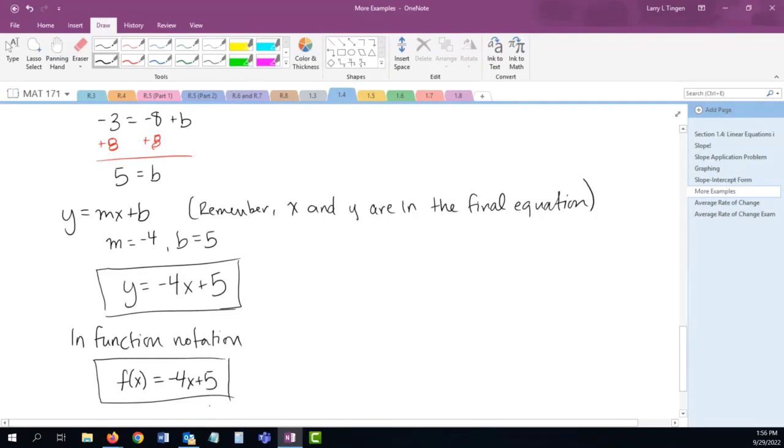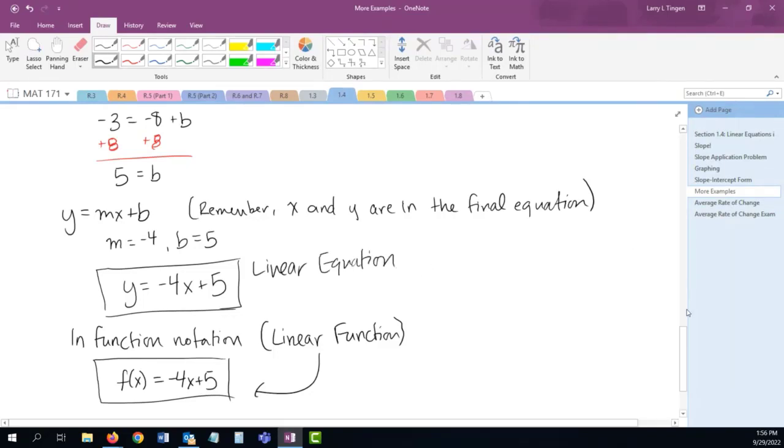So just to go over from linear equation to, let me put in parentheses, to be super clear, this is a linear function now. And then what's above is a linear equation.